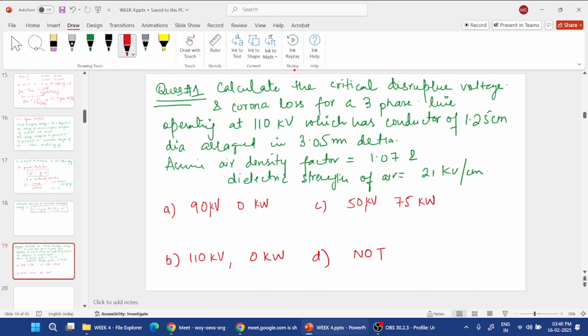What you have to do, you have to calculate the critical disruptive voltage and corona loss for a three-phase line which is operating at 110 kilovolt, which has a conductor of 1.25 centimeter. So you have to calculate this.